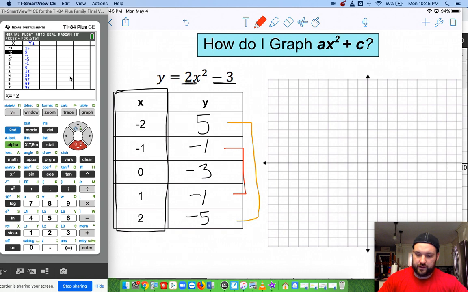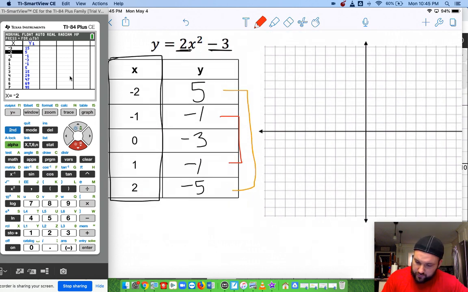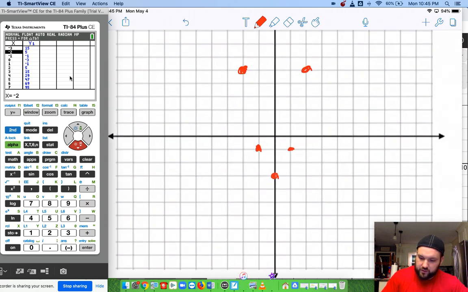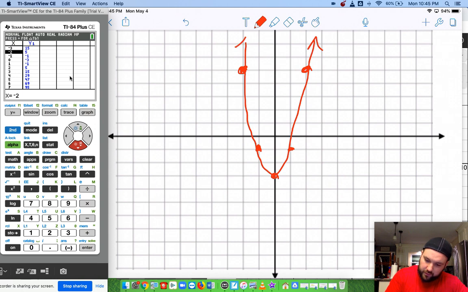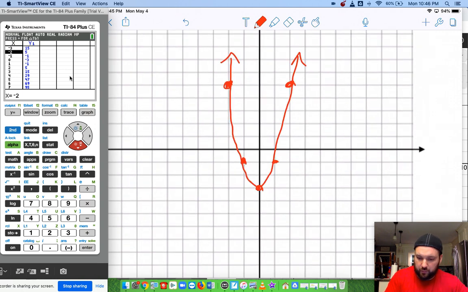So I'm going to go ahead and graph these 5 points. So -2, 1, 2, 3, 4, 5 is right there. -1, -1 is right there. 0, -3. 1, -1, and 2, 1, 2, 3, 4, 5. Okay, so if I connect these points, some interesting things happen. It still opens up. The graph opens up, and we knew that.